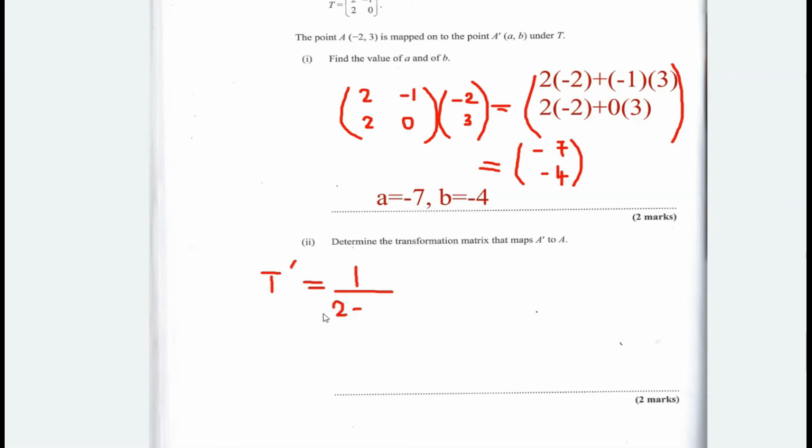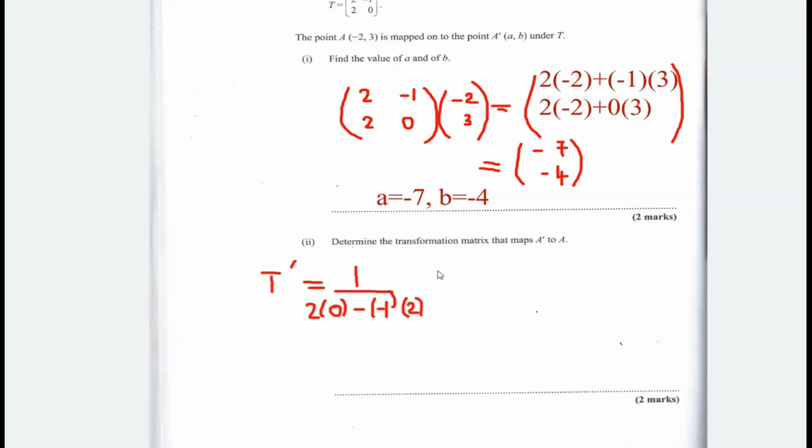So 2 times 0 is 0, minus the product of the non-leading diagonal, which is minus 1 times 2.